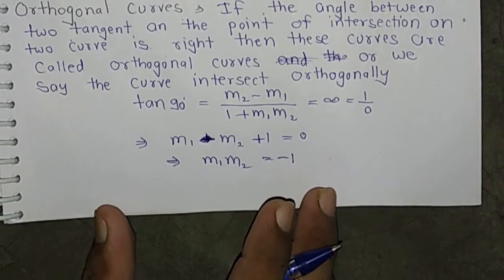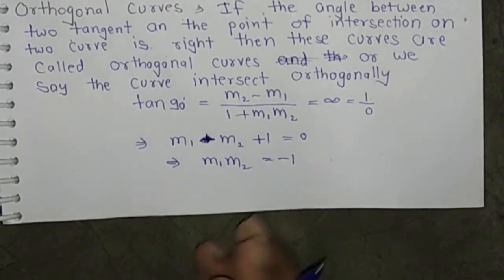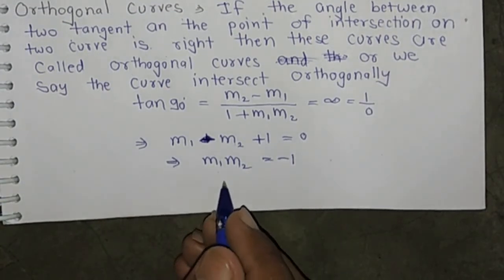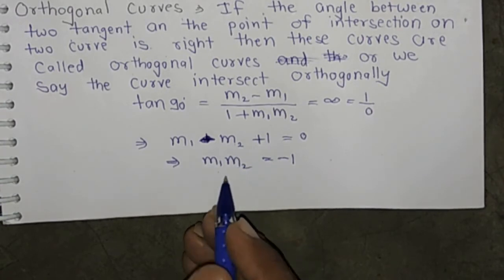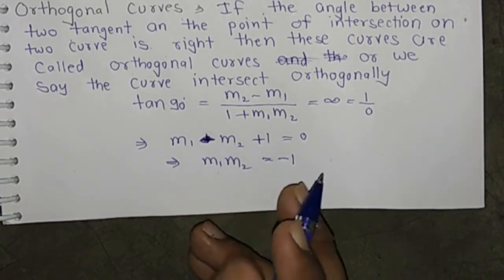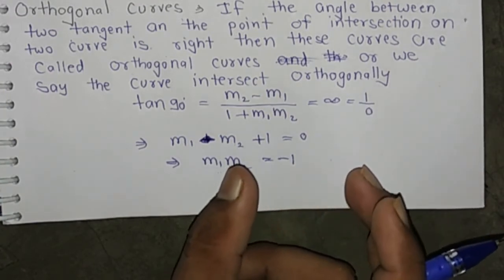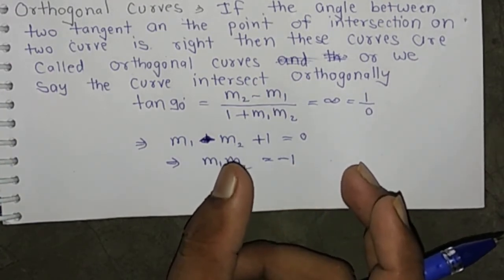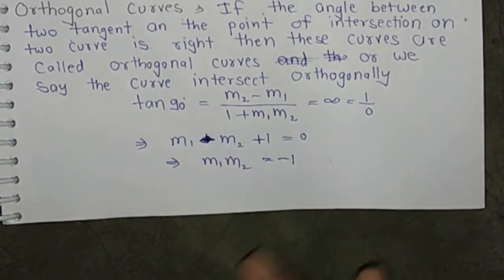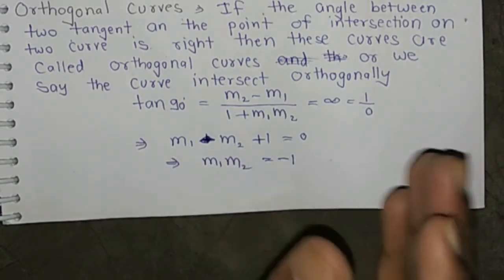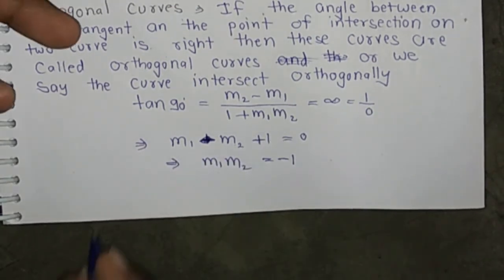This means if the slope of tangent on first curve into slope of tangent to the second curve equal minus 1, then these two curves intersect each other at right angle, or we say the curves intersect orthogonally.